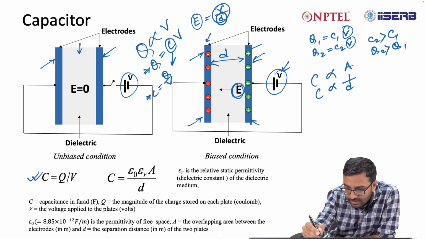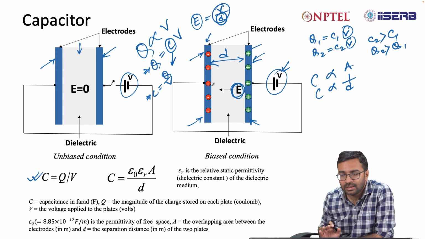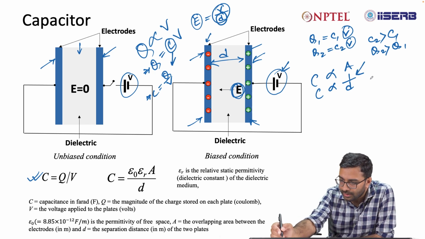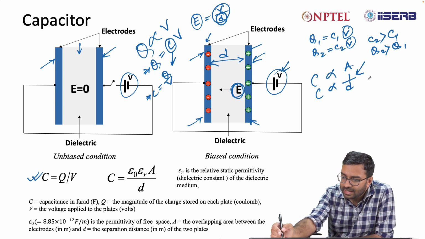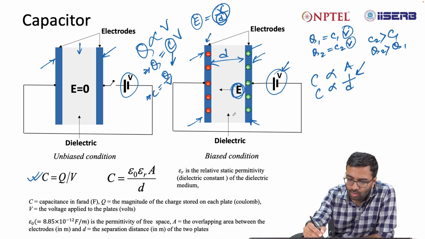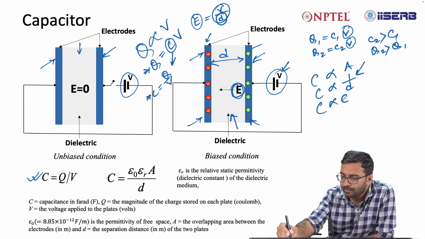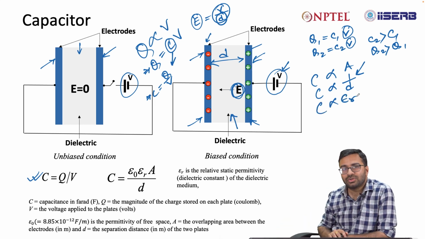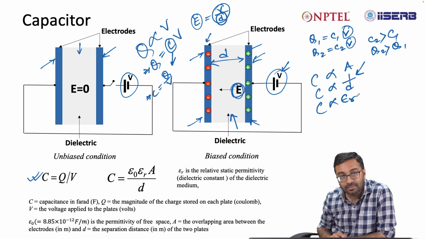If applied electric field is less, less charge will get stored, right? So it is inversely proportional to d. And at the same time, if the dielectric constant of this dielectric is higher, then again charge storage capacity will increase.